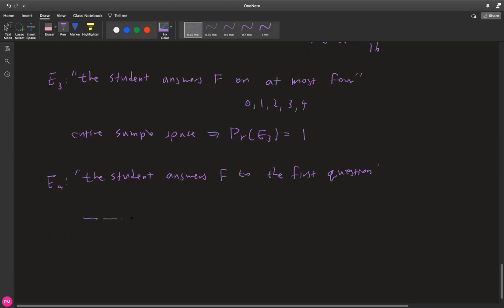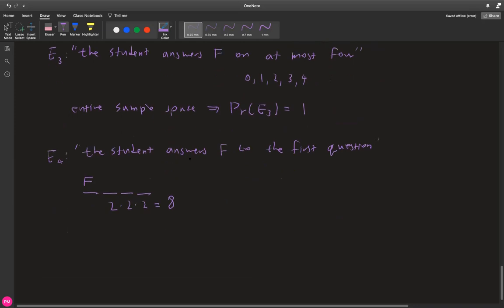Out of 4 spots, we are already given that the first spot has to be F, so we don't have to take care of that at all. But for the second, third, and fourth, we each have 2 different possibilities. By the multiplication rule, this has 8 different outcomes. Since there are 16 total outcomes, the probability of E4 is simply 8/16, which is 1/2.